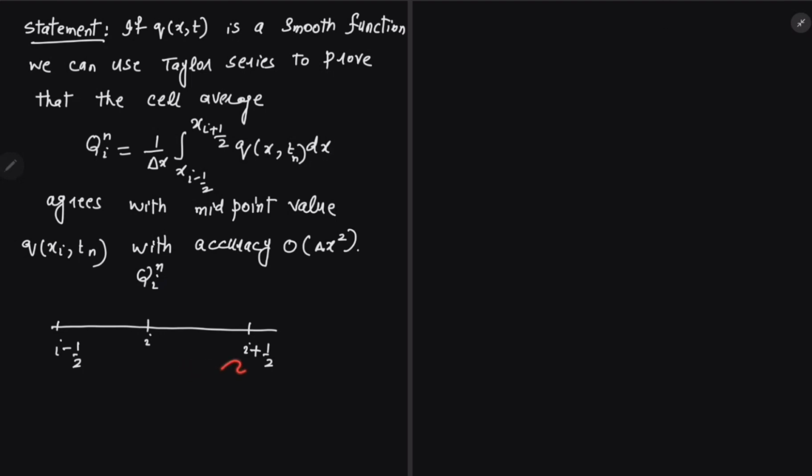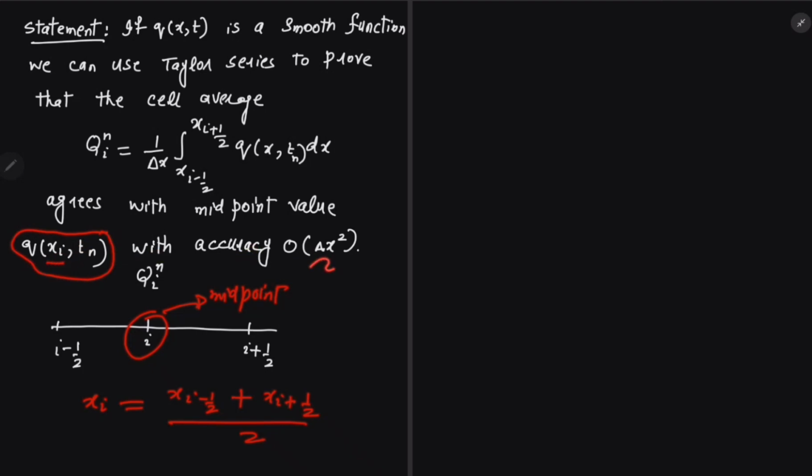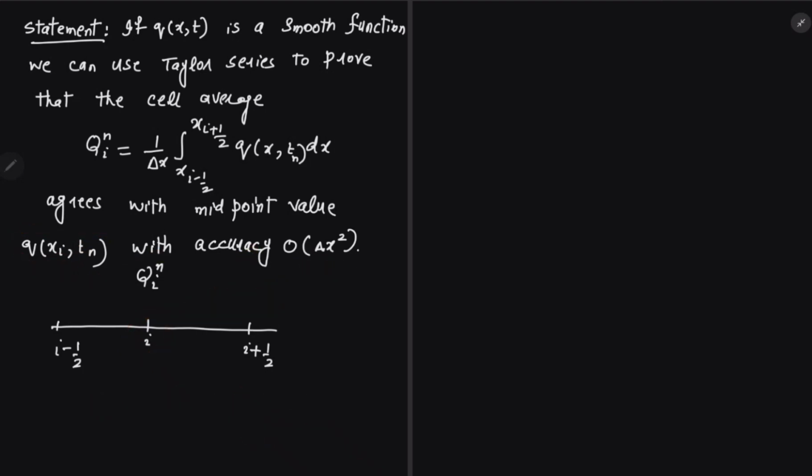The midpoint of this cell is x_i, which can be represented as (x_{i-1/2} + x_{i+1/2}) divided by 2. This is the midpoint. So we need to show that the value of q at this midpoint has order of delta x square. This is a very interesting problem.